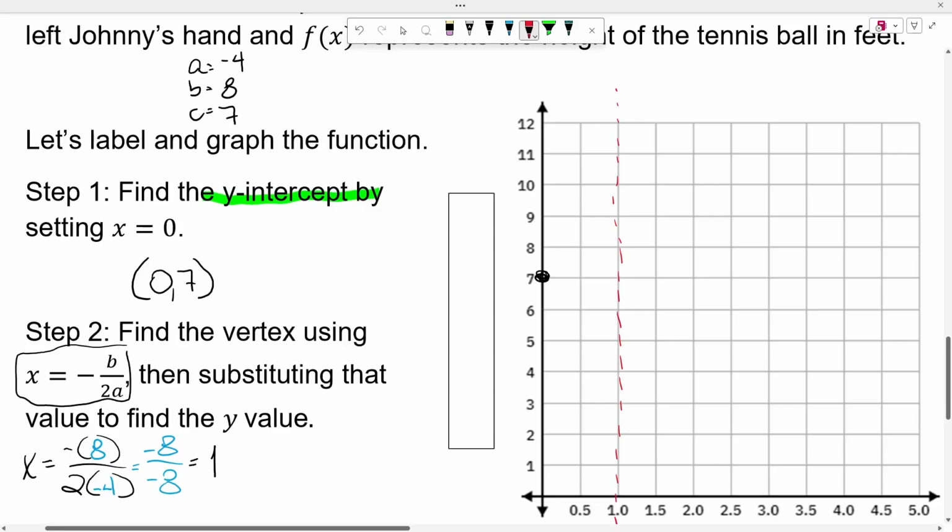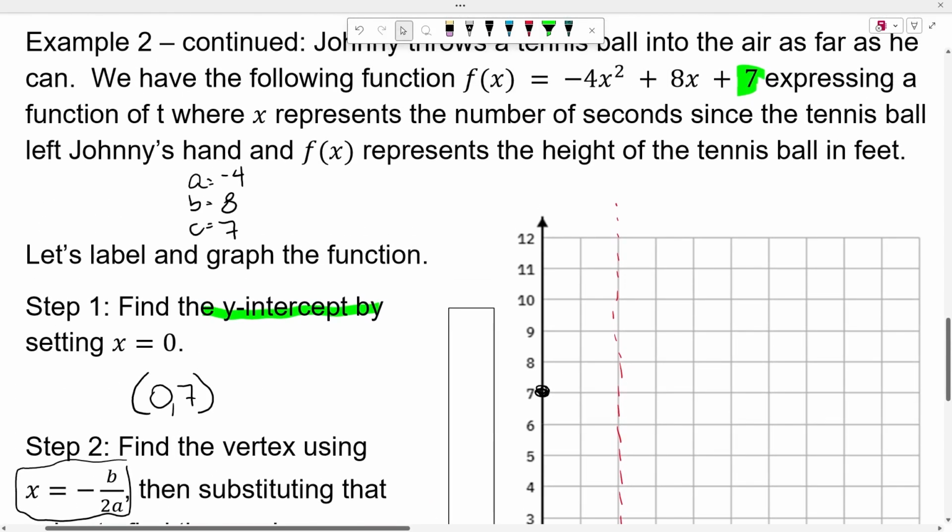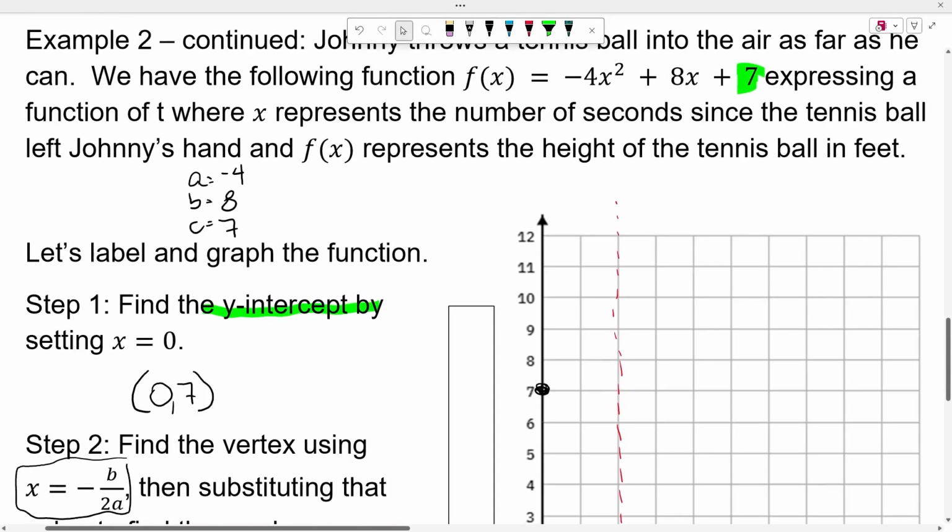To find my y value, y is going to equal -4 times 1 squared plus 8 times 1 plus 7. We substitute it back into our original function.